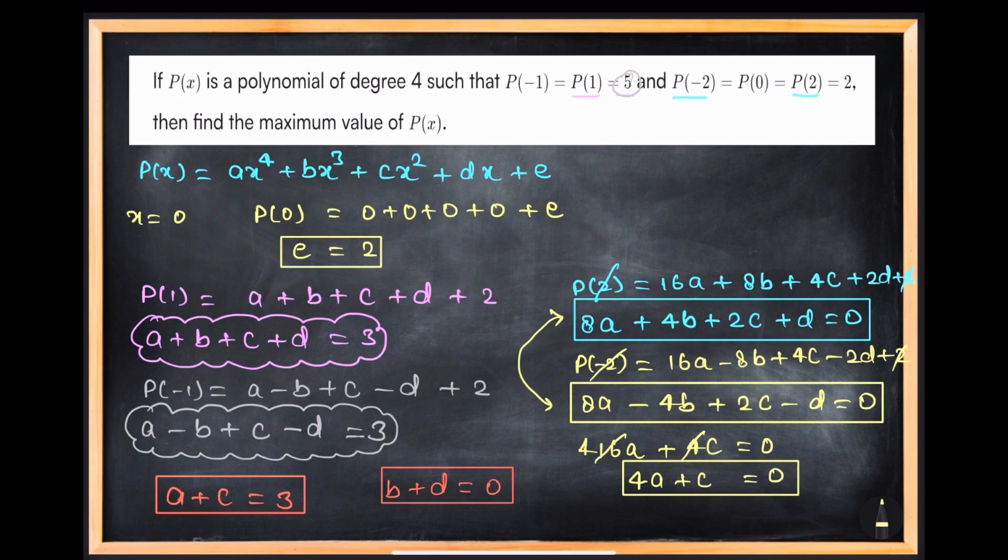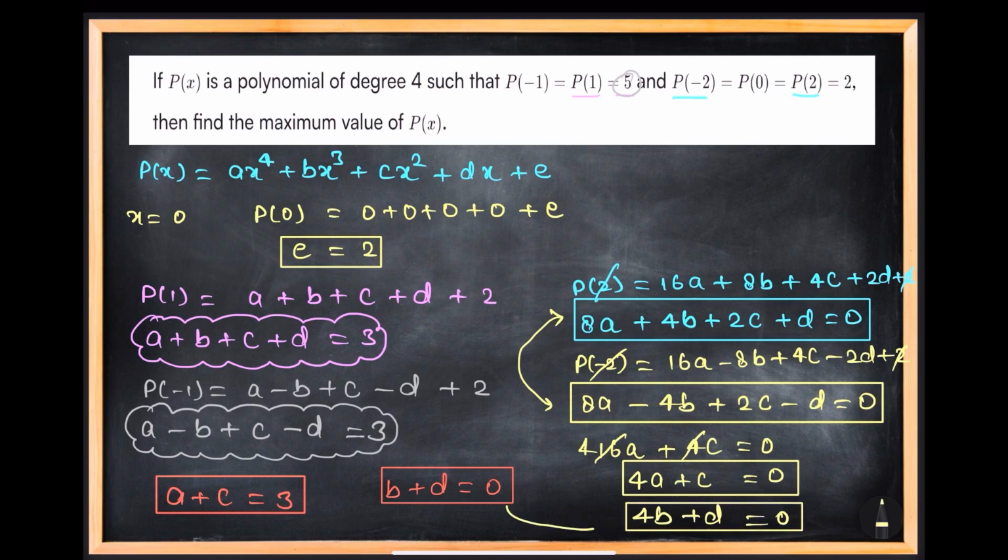Now if you subtract yellow with blue, you will get 8b plus 2d. So it is 4b plus d. 4b plus d is equal to 0. So we got this situation.